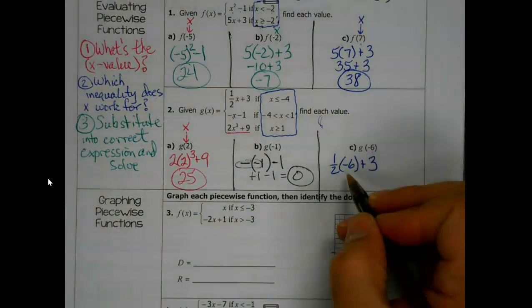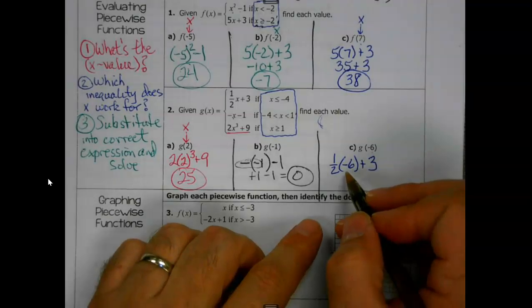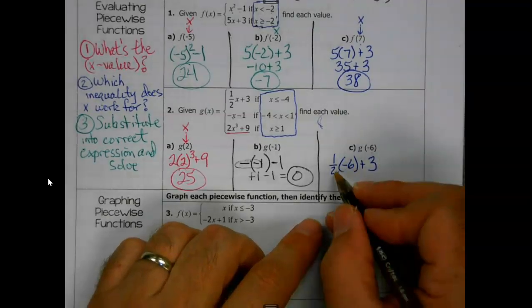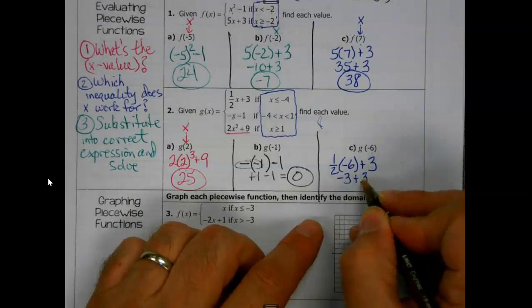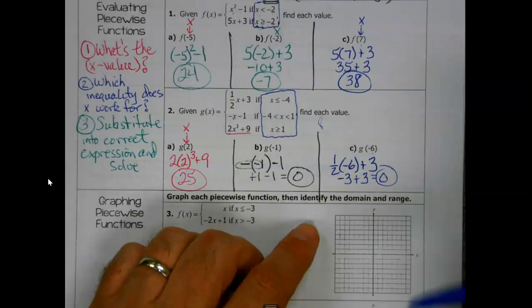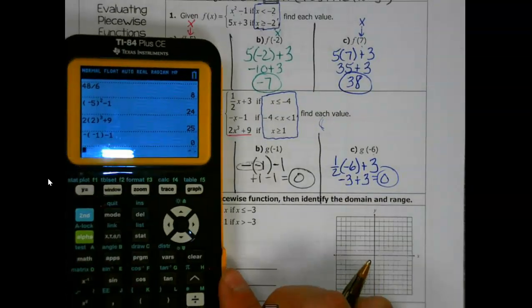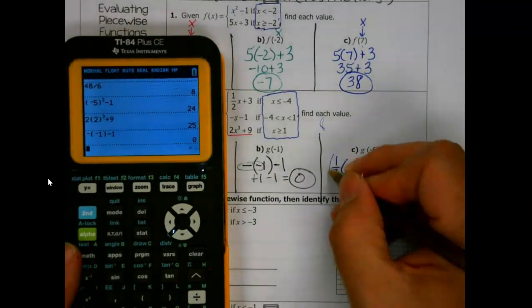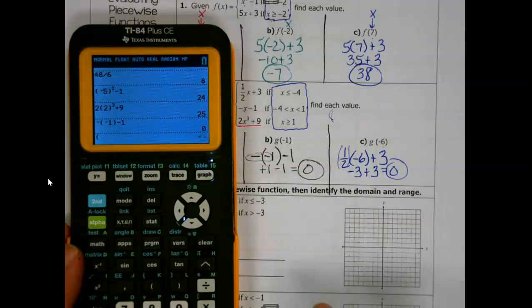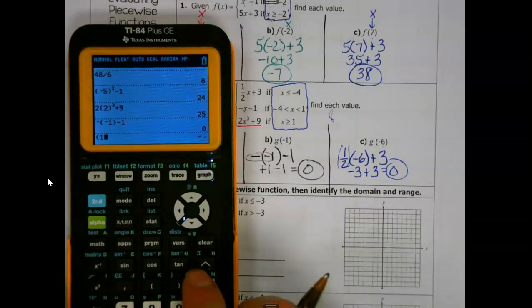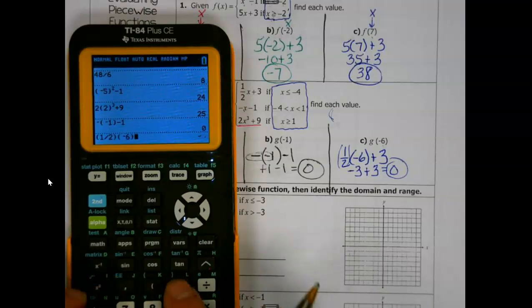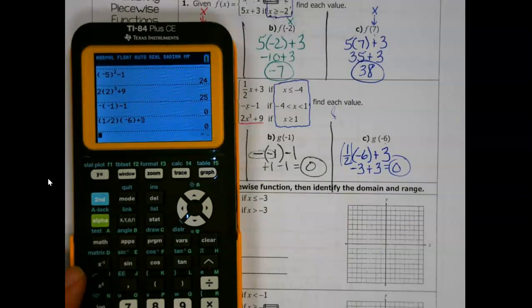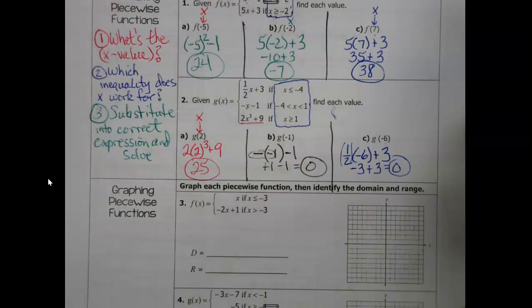And if you're going to do the calculator on this one, we might be able to just do half of -6 is -3. Plus 3 is 0. But if we're not feeling it, just make sure we use the parentheses when we're doing the fraction, and we can still get there.